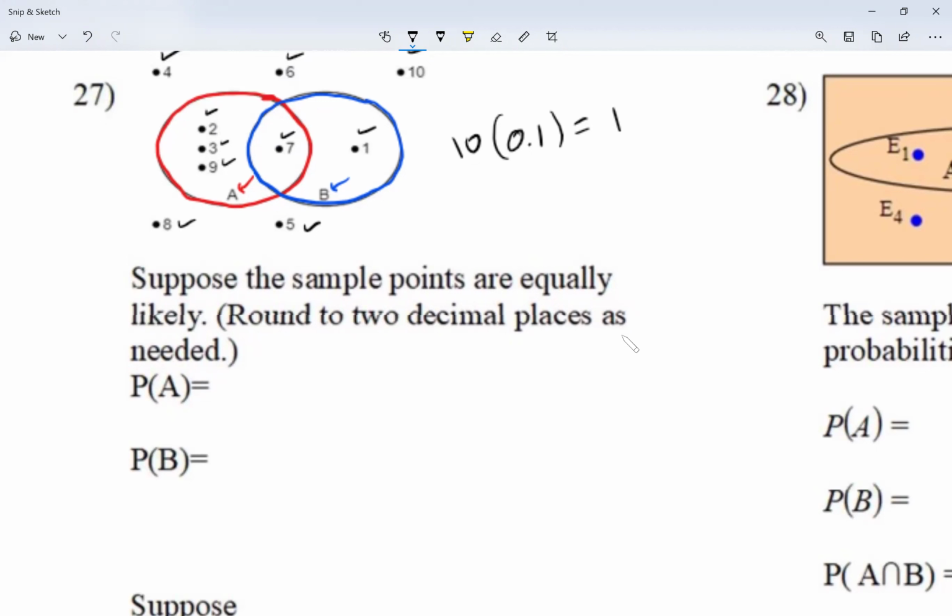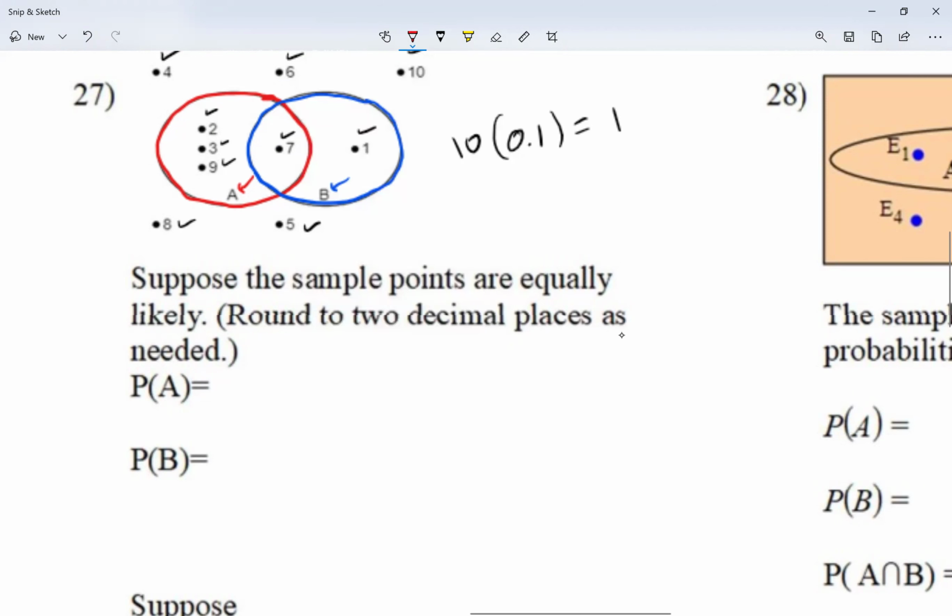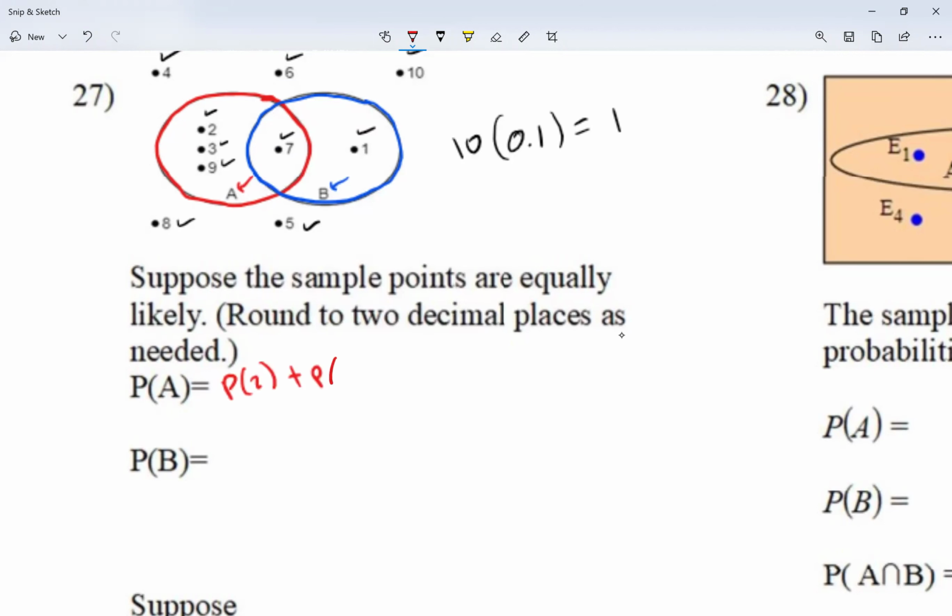Probability of A. Now, probability of A is basically all the points inside of A. When I look at this, I'm looking at what's the probability that I get the point 2 plus the probability that I get the point 3 plus the probability that I get the point 9 and the probability that I get the point 7.